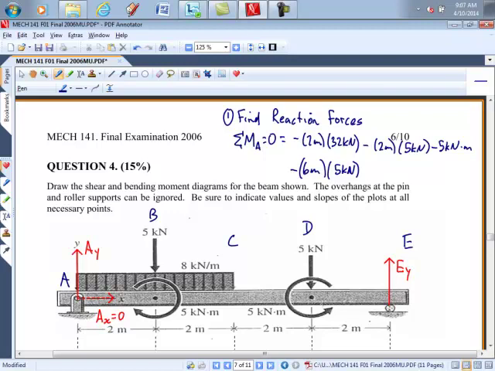Couple moment, positive. So that's plus 5 kilonewton meters. And then I finally get to E, positive moment, 8 meters times EY.